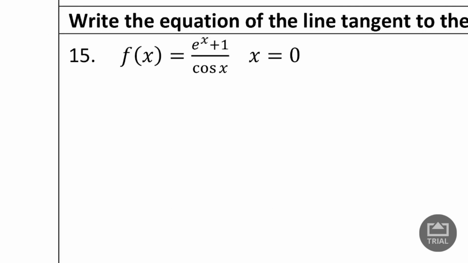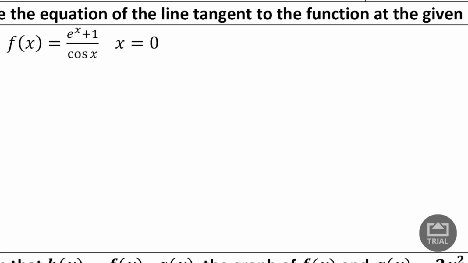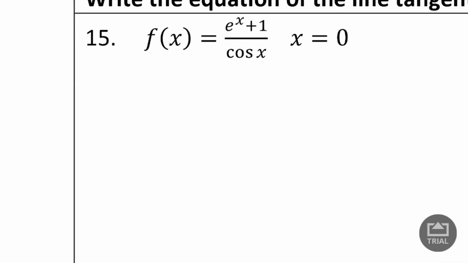Okay, 15, it says write the equation of the line tangent to the function at the given x value. First thing that I would do with this problem, first I would get the y value. In this case, x is equal to 0, right? So I'm going to plug in e to the power of 0 plus 1 over cosine of 0.